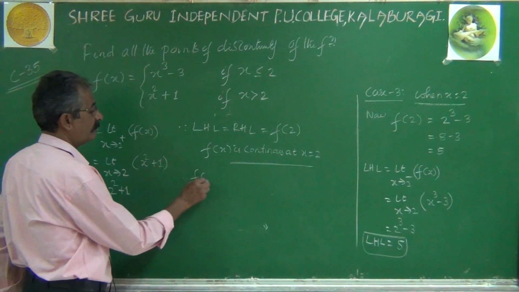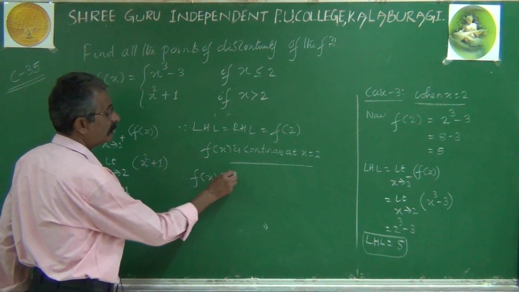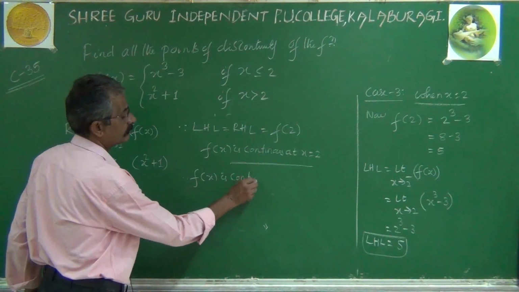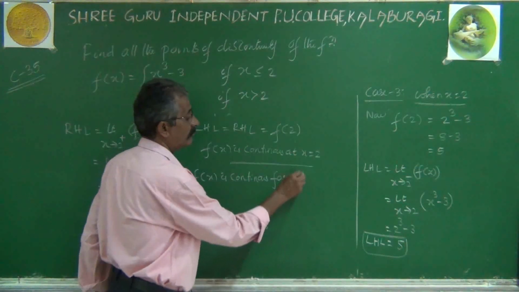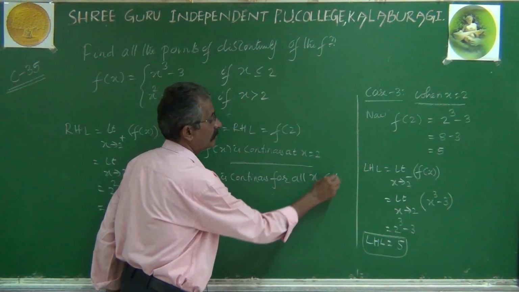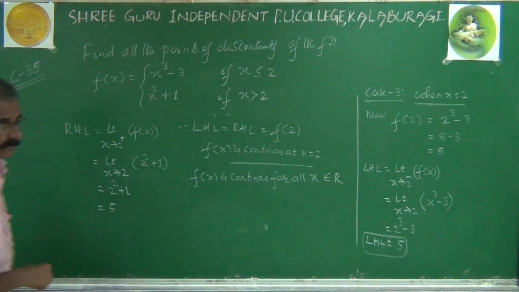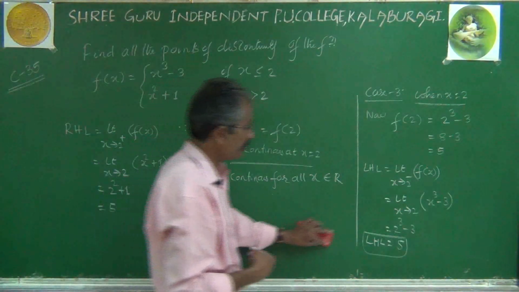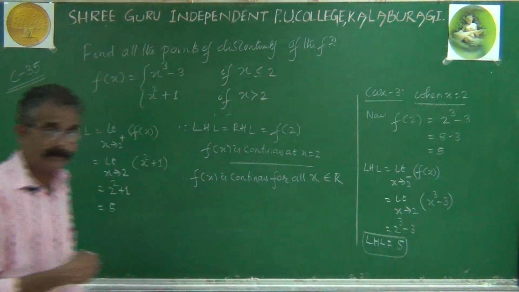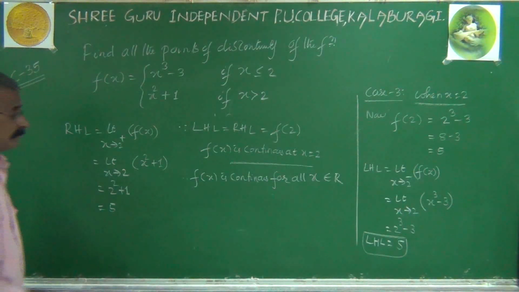Therefore, f of x is continuous for all x belonging to real numbers. When every point becomes a point of continuity for this function, ultimately points of discontinuity are 0.